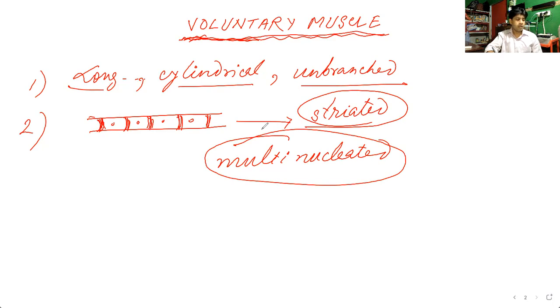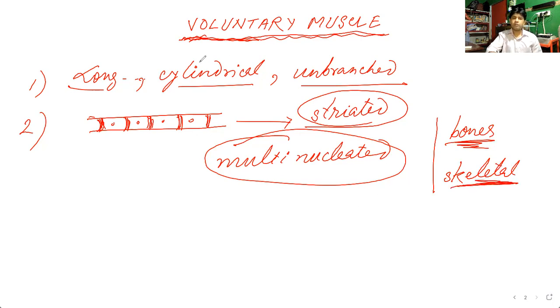Then this type of muscle we most often get along with the bones. Where there is a bone, along with the bones we are getting this, due to which they can also be said to be skeletal muscles. The word skeletal comes from the skeleton. As they are present along with the bone, they are also called skeletal muscles.